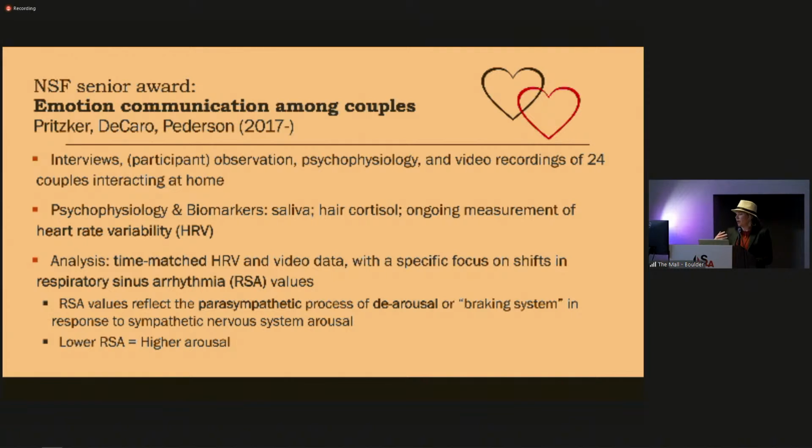So when we're nervous or triggered, all those physiological things start happening, and we have resources to brake. So lower RSA is higher arousal. That's something to keep in mind.